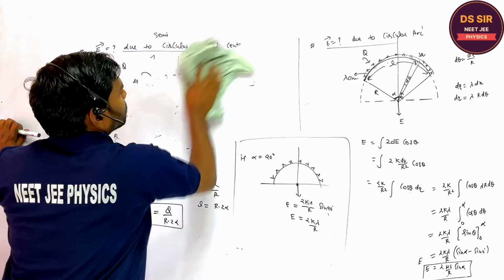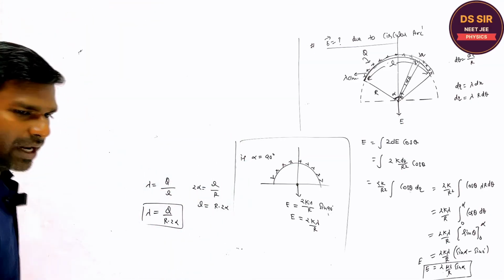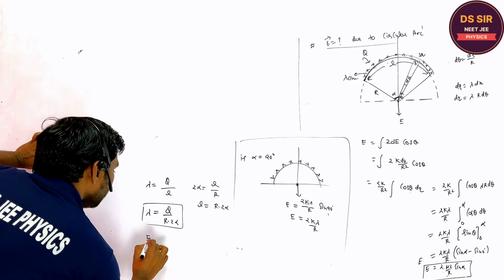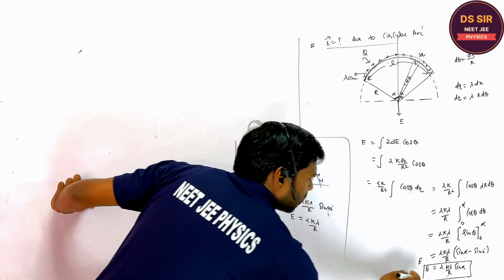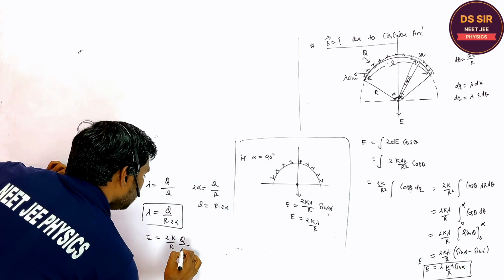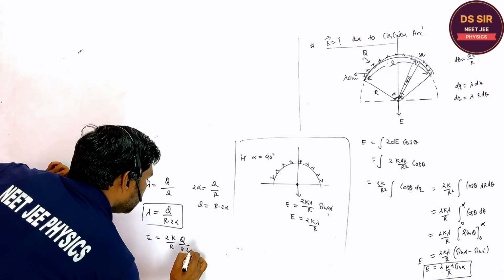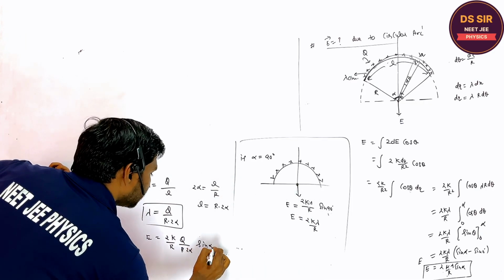Fine. So I am putting the value of the lambda. If you put the value of the lambda, so the electric field you can write 2k upon r, and this is the lambda. So what is the value of the lambda? q upon r into 2 alpha, right, into sine alpha. Is it clear or not?